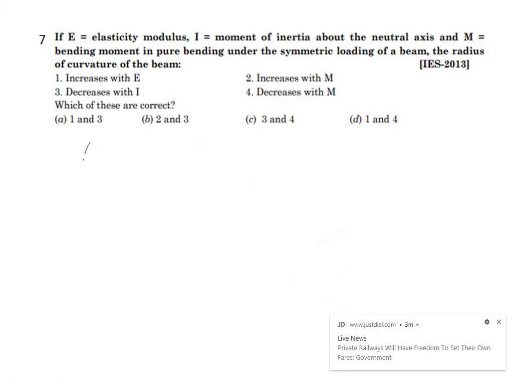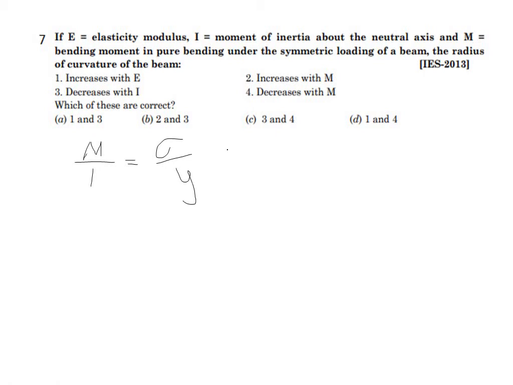So the bending equation is M by I is equal to sigma by Y, which is equal to E by R. So this is the bending equation.